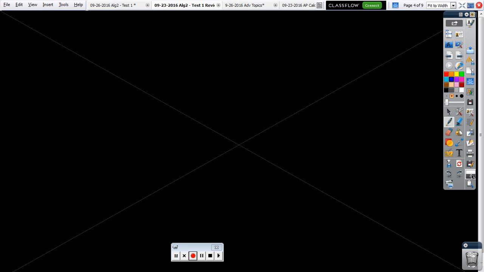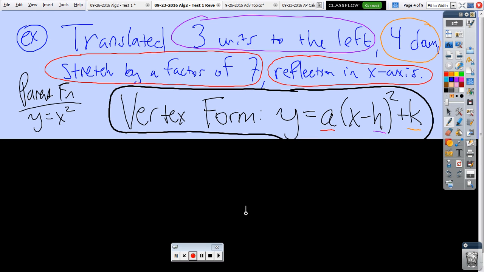If you want to attempt this, see what you get. This is a fantastic opportunity to quiz yourself to see how well you're doing. Translated 3 units to the left, 4 units down, stretched by a factor of 7, and reflection in the x-axis. The first step is to write it in vertex form, and then go from there.